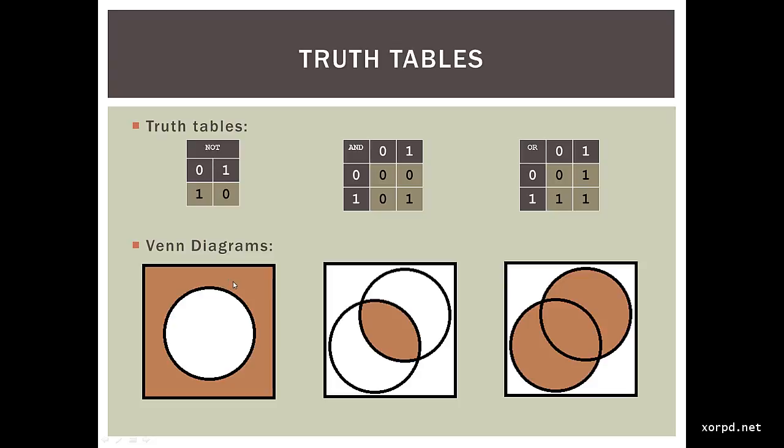The colors mean the output. For input 1, which is the inside of the circle, we get 0, which is white color. For input 0, which is the outside of the circle, we get 1, which is brown color.